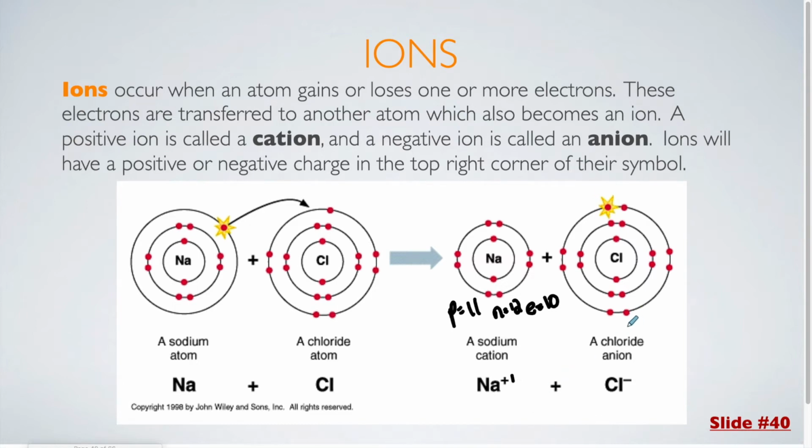Now for the chlorine, the protons are 17, the neutrons are 18, and the electrons are now also 18 because it picked up an extra one. Since it now has more negative charge than positive charge, it's going to have a -1 charge overall.